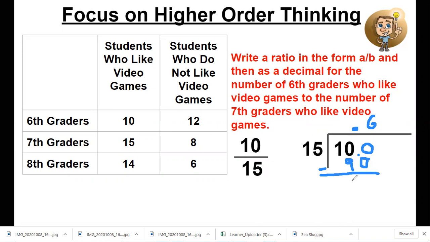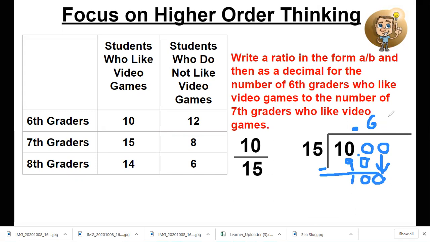Now we do our subtract. So 0 minus 0 is 0. I can do that. And then I just have 10 minus 9, 1. So I have 1 and 0, right? Okay, I'm not at remainder 0, so I'm going to put another 0 here, and I'm going to bring down my 0. And notice what's happening. How many 15s go into 100?